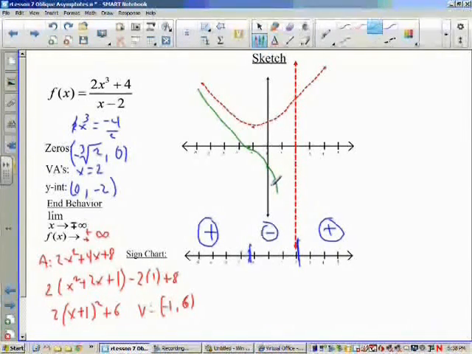And then on the right of this asymptote, it's got to be positive, so some kind of a branch here. All right, there we go.